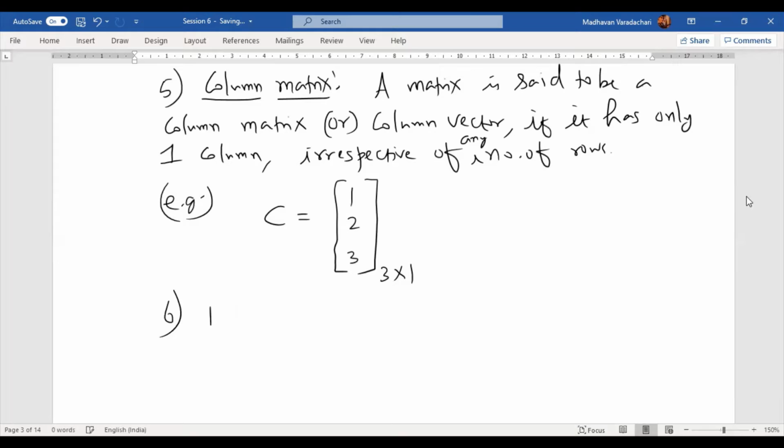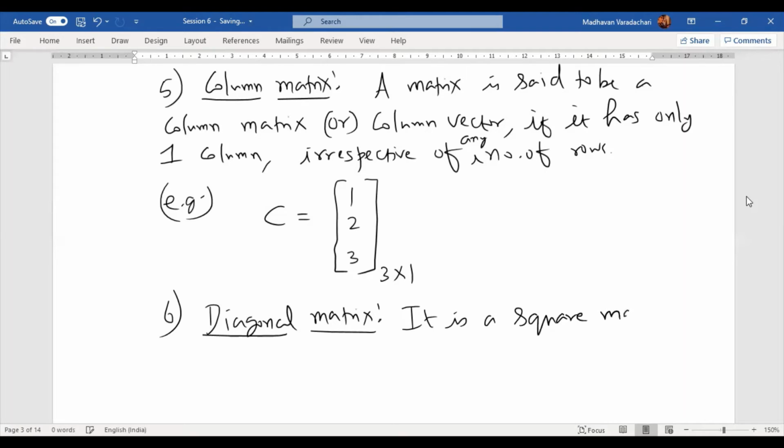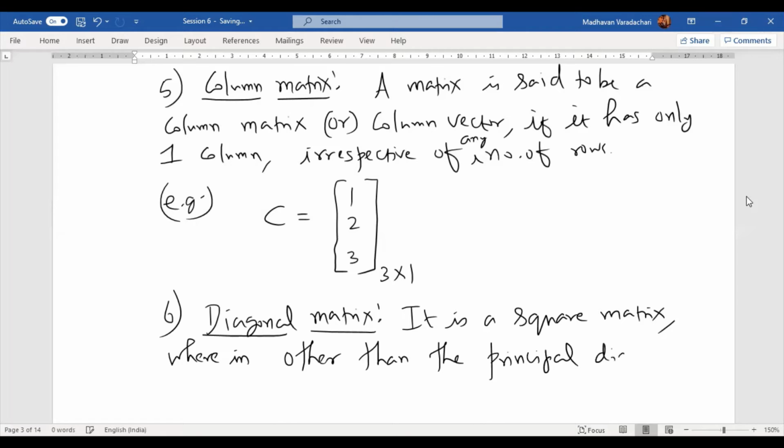The next type is diagonal matrix. It is a square matrix wherein other than the principal diagonal, all the elements are zeros.